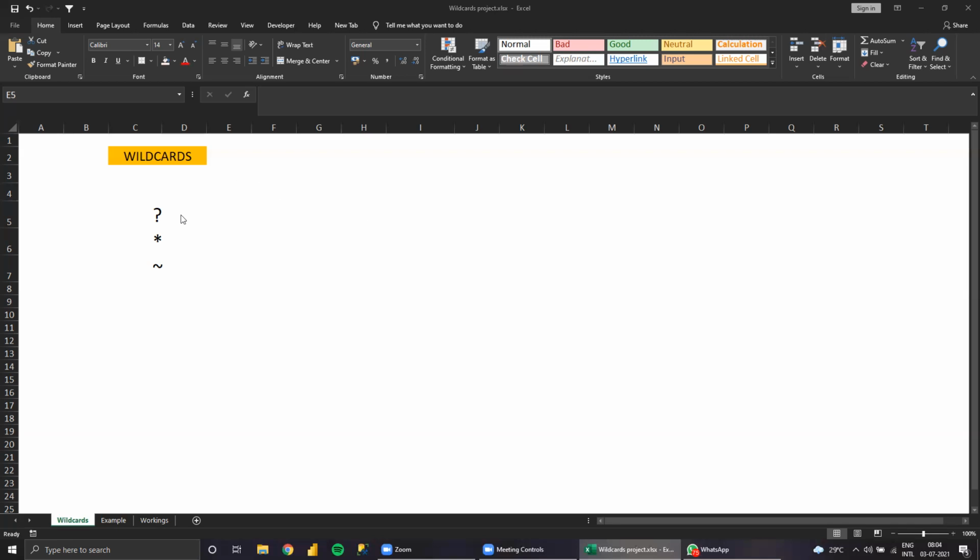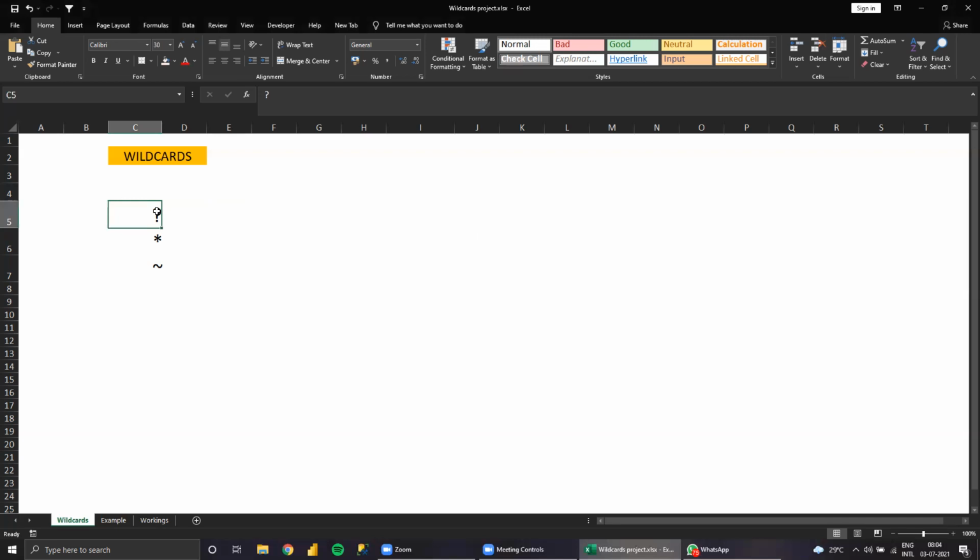We have three wildcards: one is a question mark, another is a star or asterisk, and the other one is tilde. Wildcards will be used only when we have partial information for using formulas.